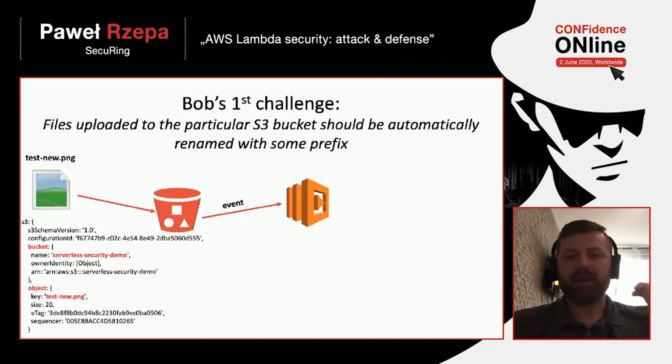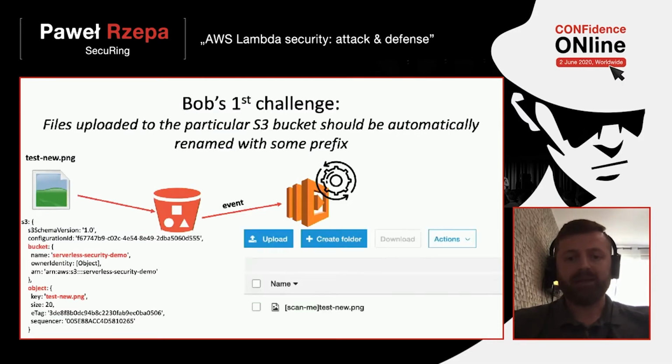The event basically is a JSON file where you can find such information as the name of the bucket or the name of the uploaded file. Then the Lambda is triggered, renames the uploaded file and removes the old one from the bucket. Hope it is clear and easy for everyone.